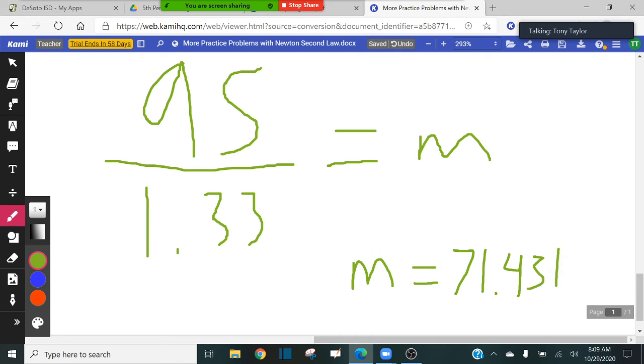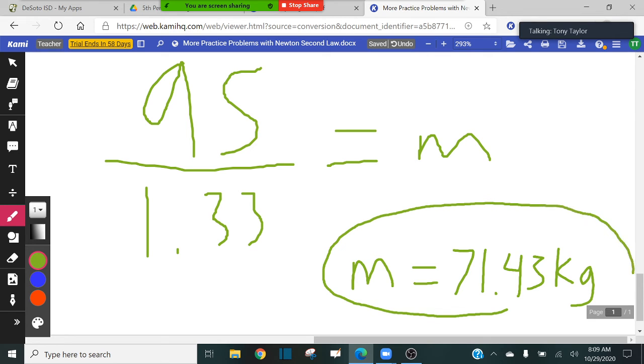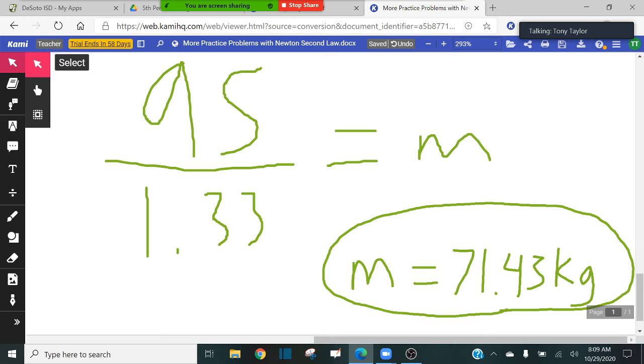I'm just rounding to the second decimal place. I'm sorry, 71.43 kilograms. I think I said that unit wrong. If I said meters per second squared, I didn't mean that. I mean kilograms. So my mass is 71.43 kilograms.